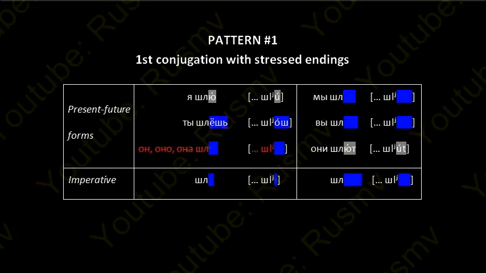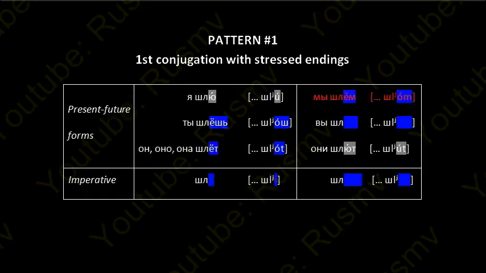The next verb form comes with pronouns he, she, it. Its pronounced ending is от. Then we get он шлет, he sends. Она шлет, she sends. Оно шлет, it sends. We form has pronounced ending ом.